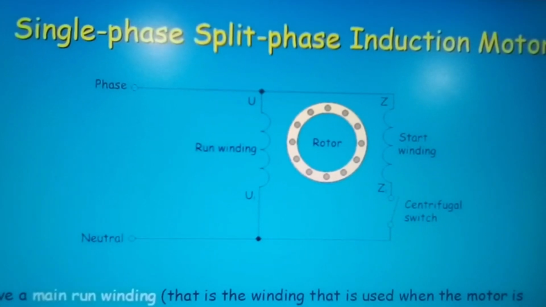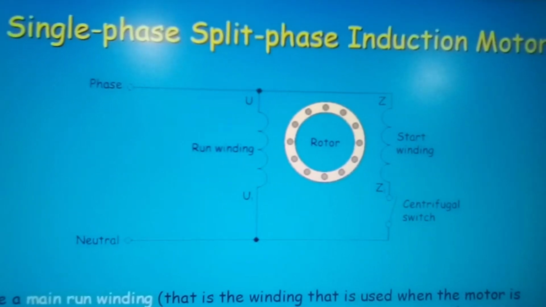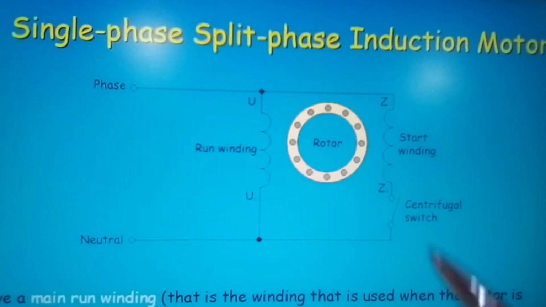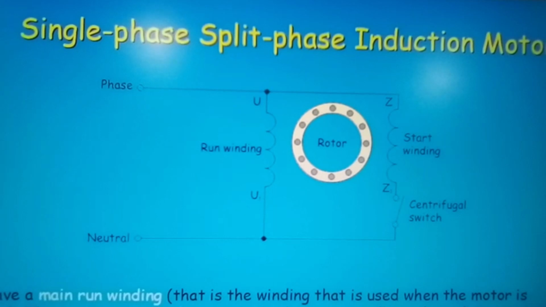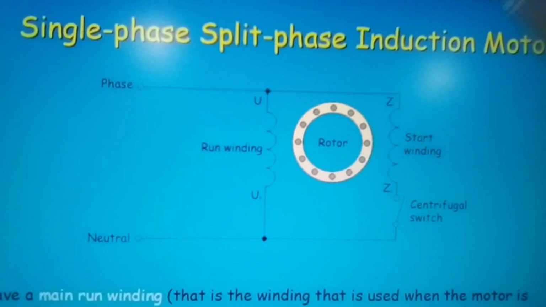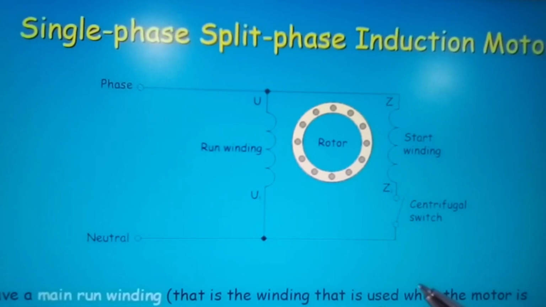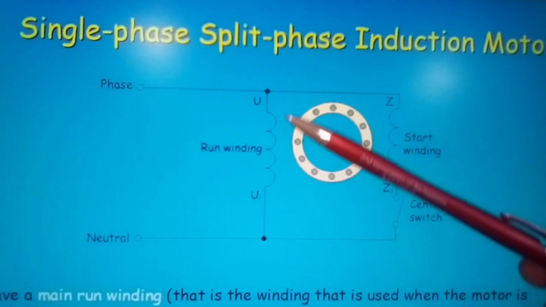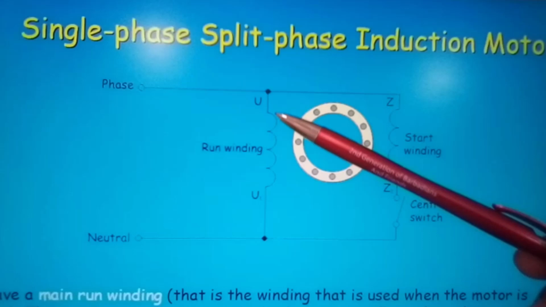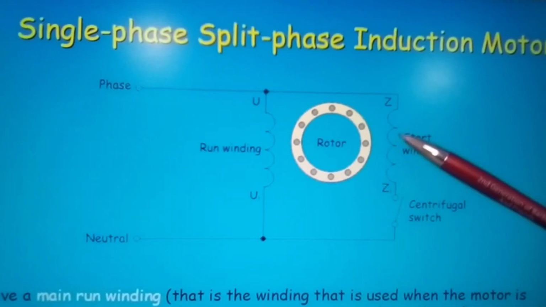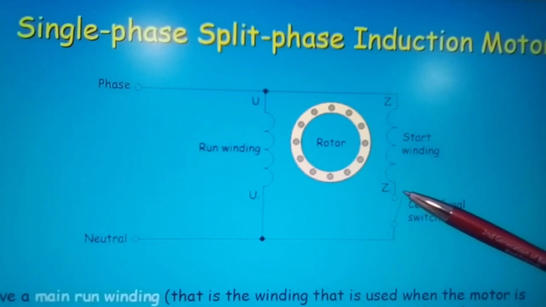Now, single phase, split phase induction motor, and here we have, okay, and again you would see something like this already in one or two of the videos I've done, but remember, it is always a continuation of what you have been shown before. Again, here we have U and U1, the ends of the coils. This is your run winding. Here you have your start winding.